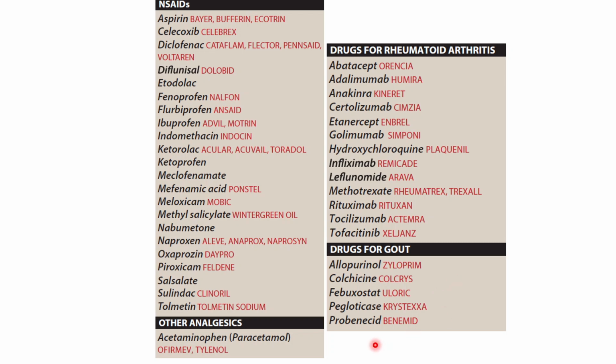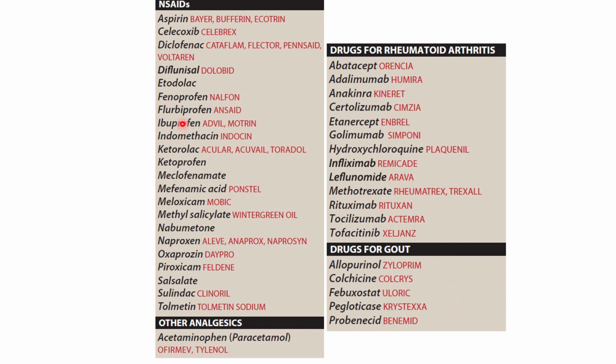So one of the first drugs in this group is allopurinol and also probenecid. So this is a rare disease, usually hereditary, and will only influence the purine synthesis.